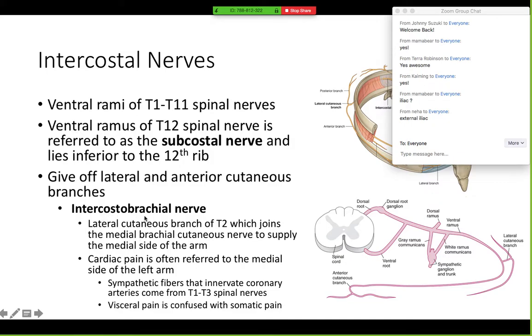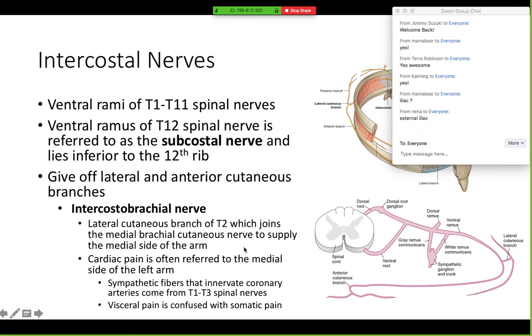The intercostobrachial nerve is special because it's the lateral cutaneous branch of T2, and it joins up with the medial brachial cutaneous nerve to supply the medial side of the arm. So where is the medial brachial cutaneous nerve coming from?